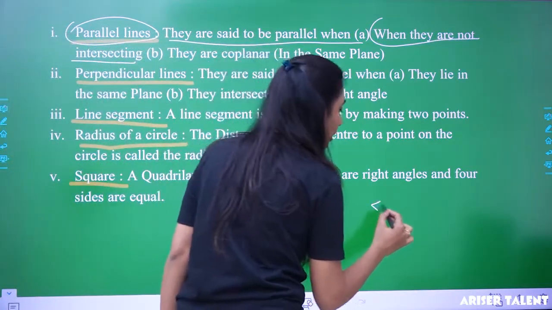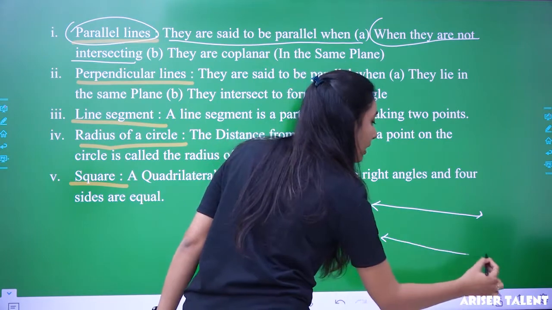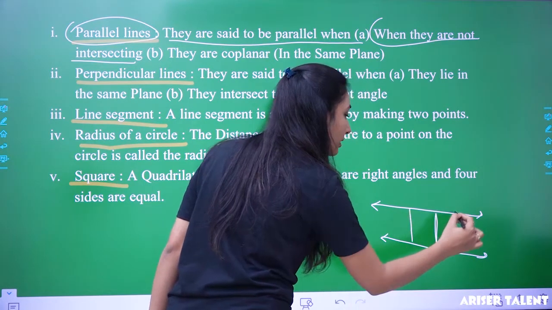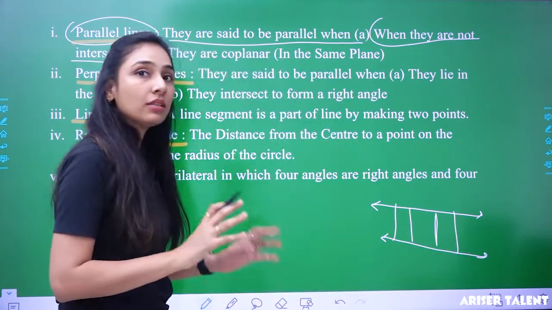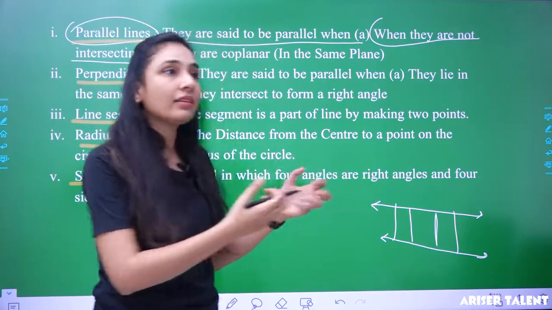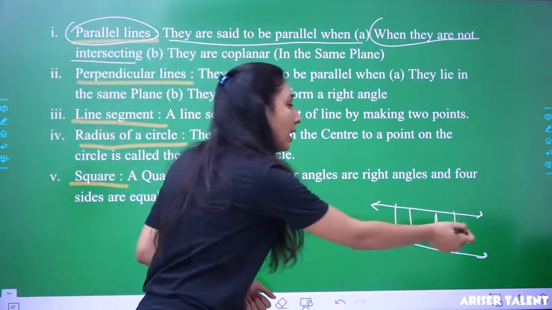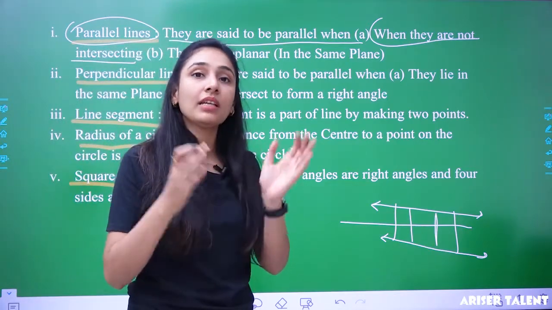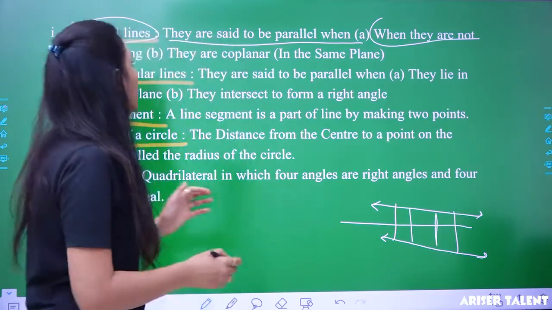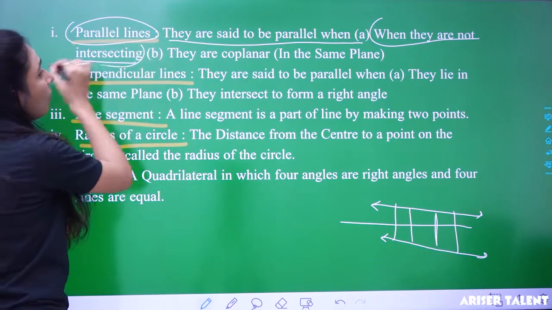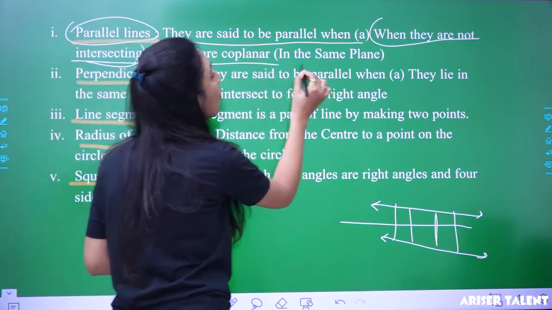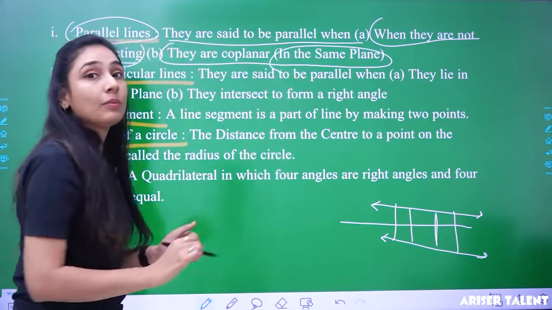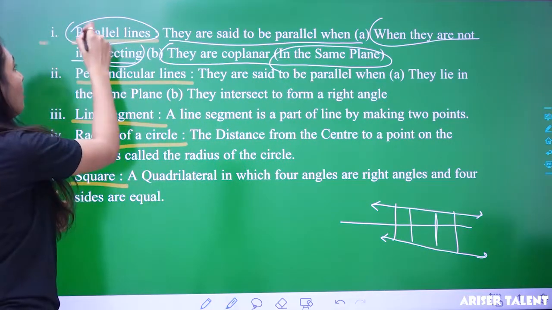Because if we draw two lines and the distance between them is always constant, there is no increasing or decreasing, so they are never going to intersect each other. Second thing, they are coplanar, they are in the same plane. This is about parallel lines.